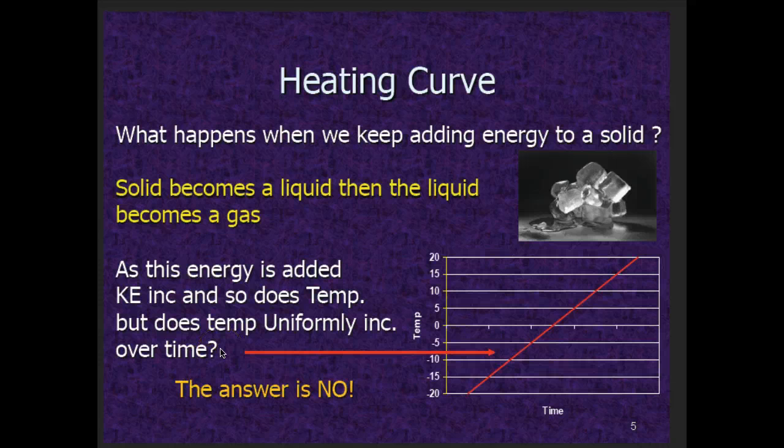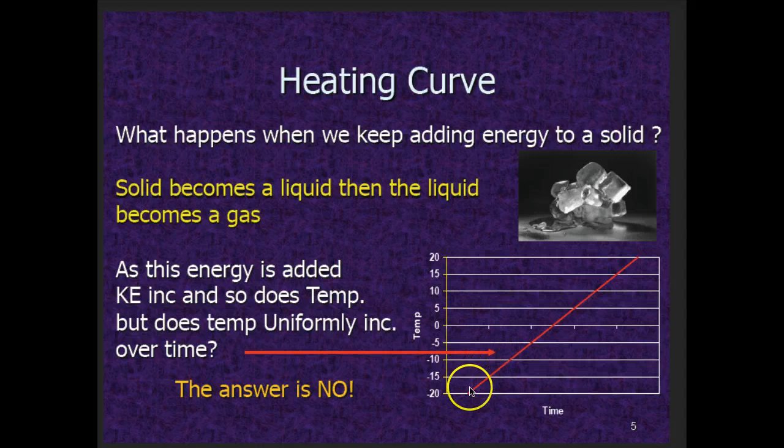Knowing that all of you are very curious, you ask yourselves, what happens when we keep adding energy to a solid? Well, based on our conversations in class and your life experiences, you know that the solid ice will become liquid and then the liquid will become a gas.